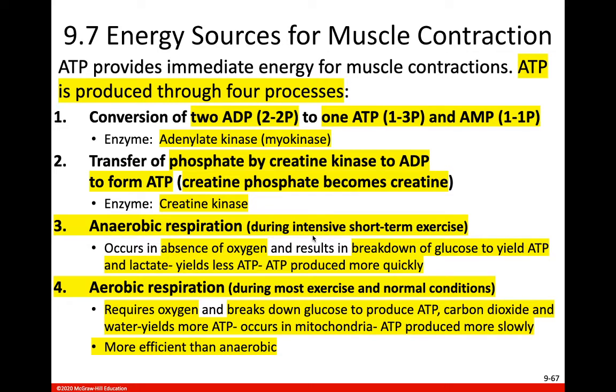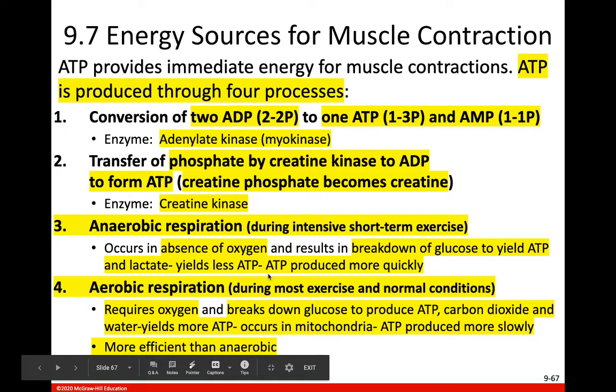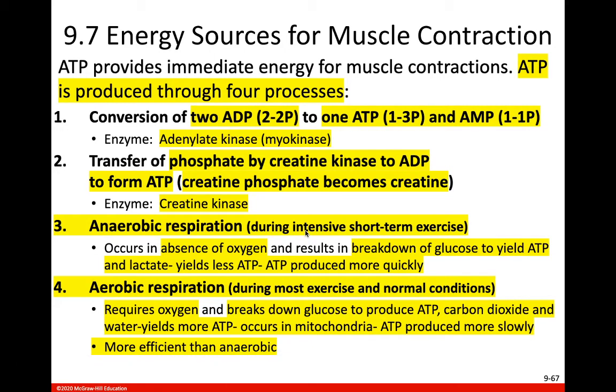In addition, you're going to use this process only as a last resort. So if you're doing a very powerful, intensive workout, and the aerobic respiration is not producing enough energy for what you need at that moment, then anaerobic respiration will be used on top of the aerobic respiration.